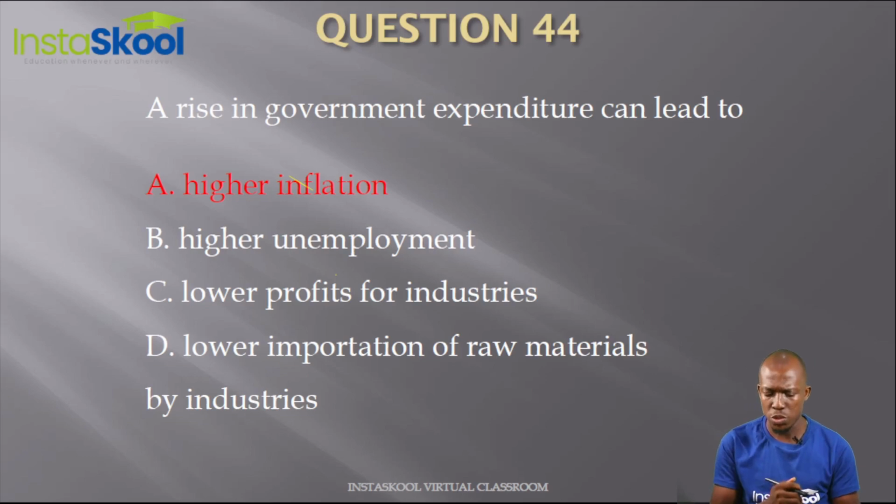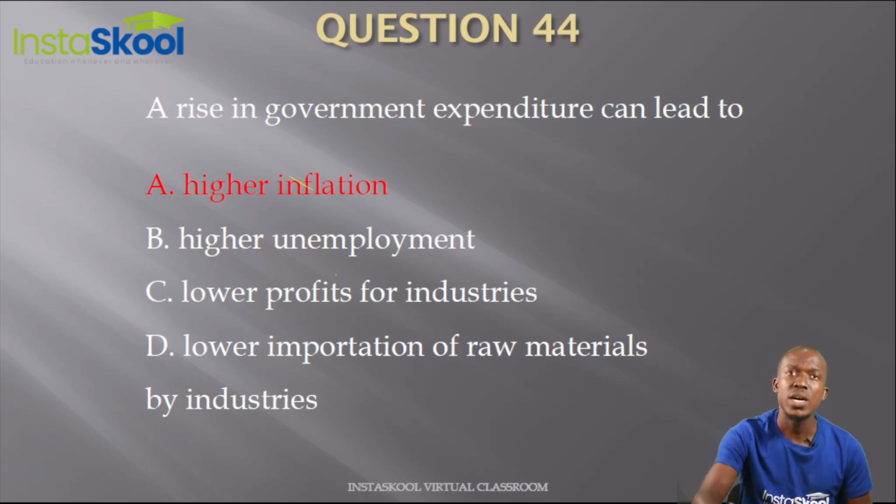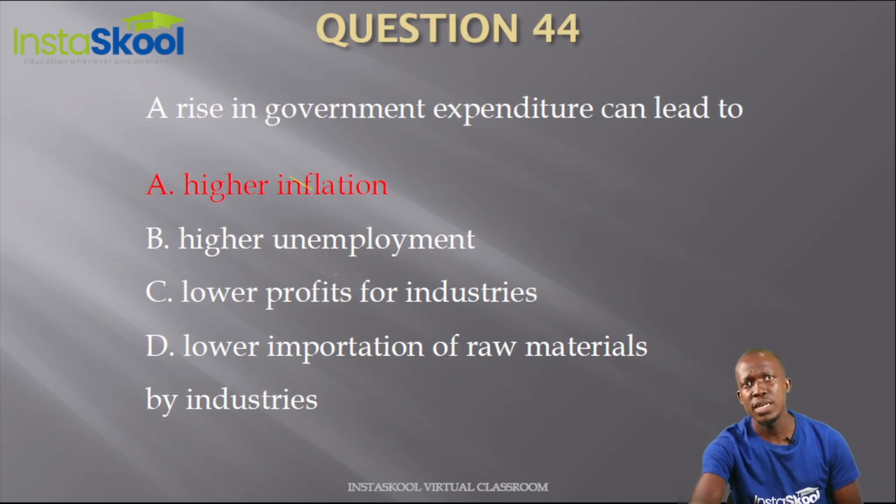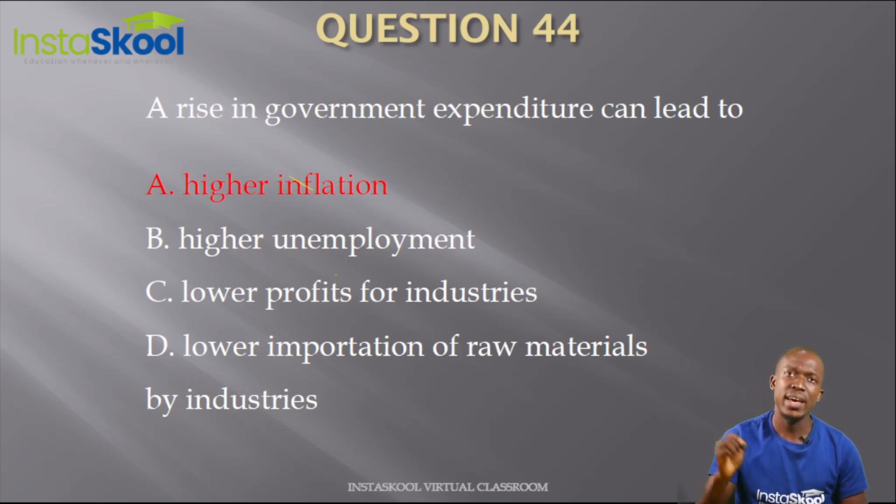So it's not option B. It cannot lead to lower profits for industries, because it doesn't affect them. In fact, it would rather lead to more profits for the industries, because they will be engaged in more activities. Neither would it affect importation of raw materials. So our correct answer is option A. It leads to higher inflation.